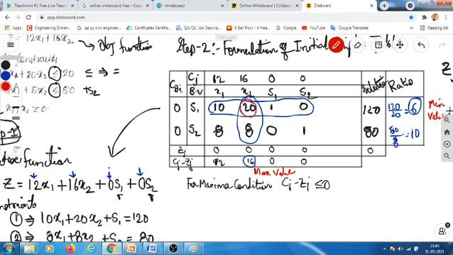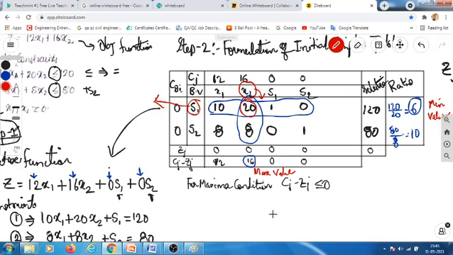So, here this x2 becomes the entering variable, and similarly, the corresponding s1 becomes the leaving variable. So, in the next table, s1 goes out and x2 comes in.